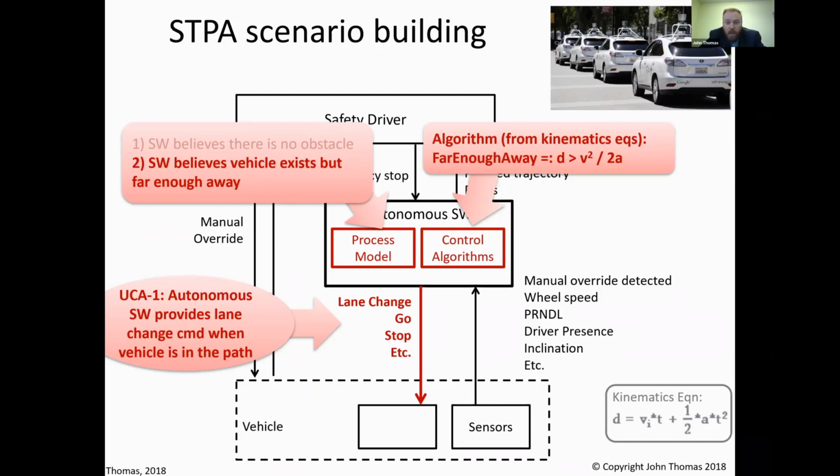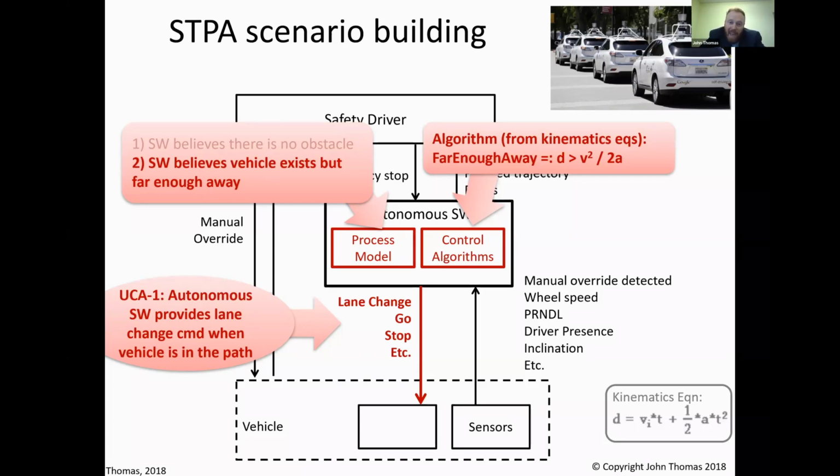So if the measured relative velocity is lower than it really is, so if the true state is they're coming at you really fast, but the measured indication says it's not that bad, you may feel like it's okay. You may feel like it exists, but it's far enough away, and you may merge into the lane, UCA1, right? You see that? It's not just any error in velocity, there's a particular direction that matters that causes this scenario. Same thing for D, there's a particular direction that matters, not any error.